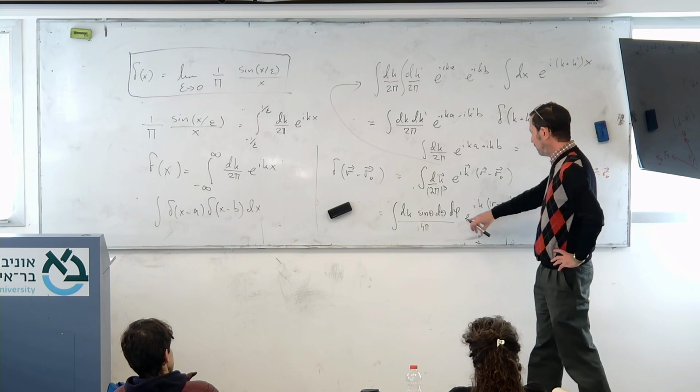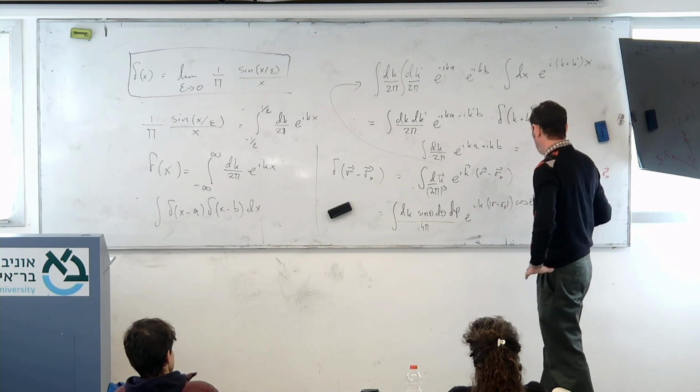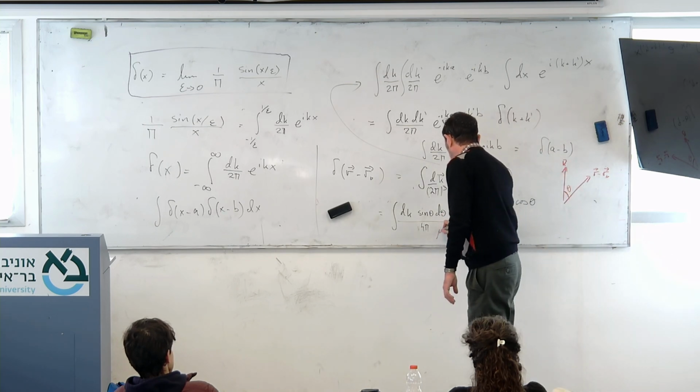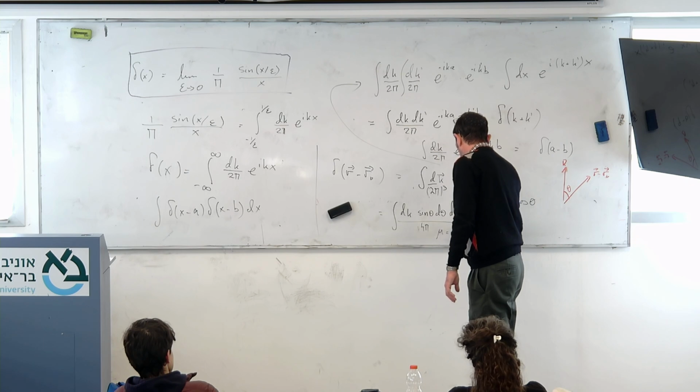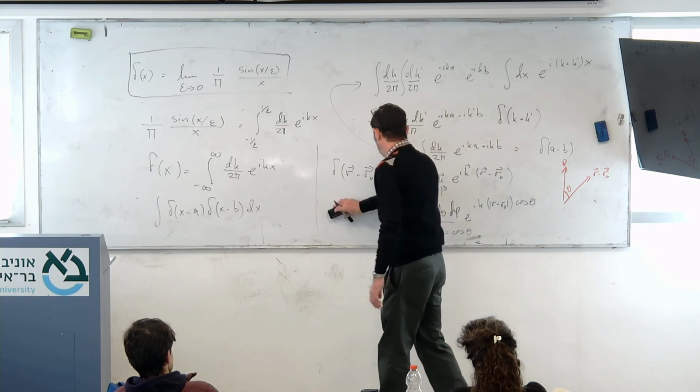Okay, so what do you get here? Let's say we choose mu as cosine theta. Okay, let's do it stage by stage.